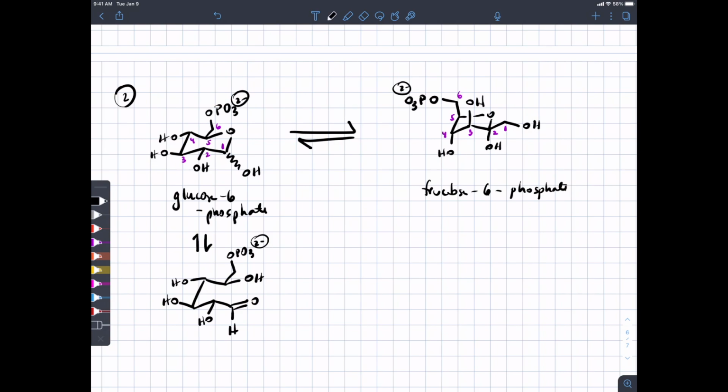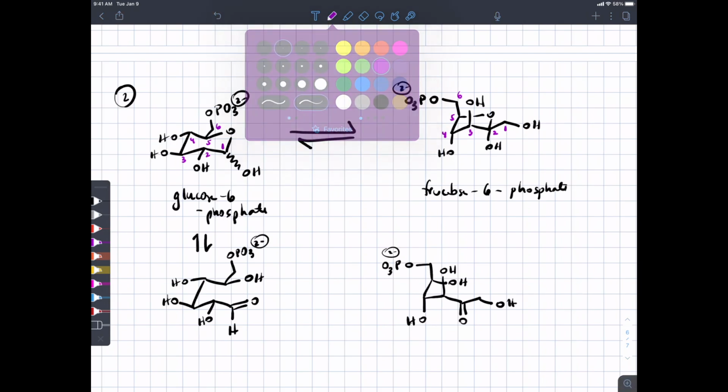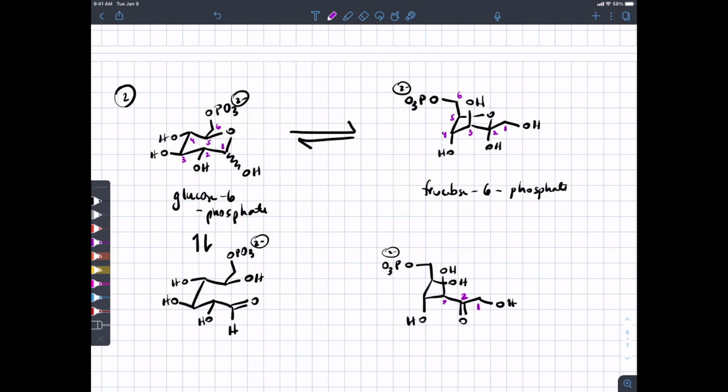Okay, and then we can show the open ring structure of fructose. And so if you compare those two, you can see that we've basically swapped out two groups.